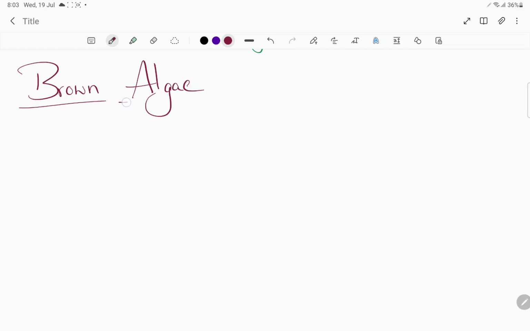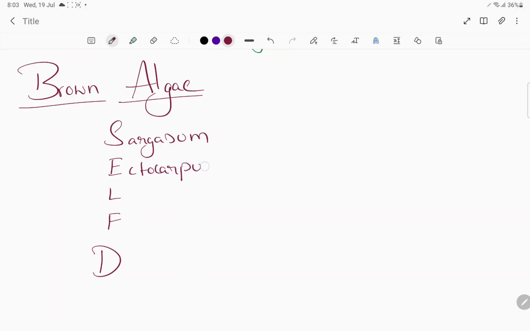Brown algae. So coming to the brown algae, remember Sargassum, Ectocarpus having haplodiplontic, Laminaria. Laminarin is the food, Laminaria is the organism.